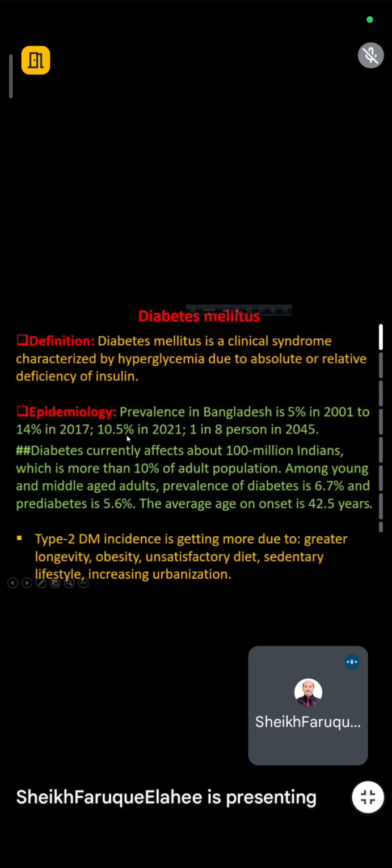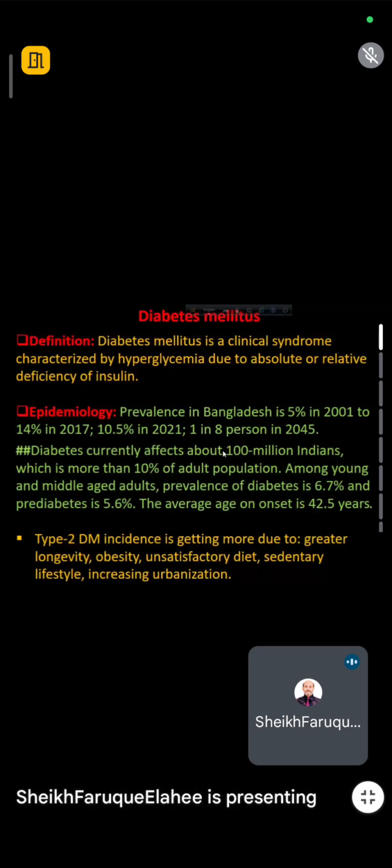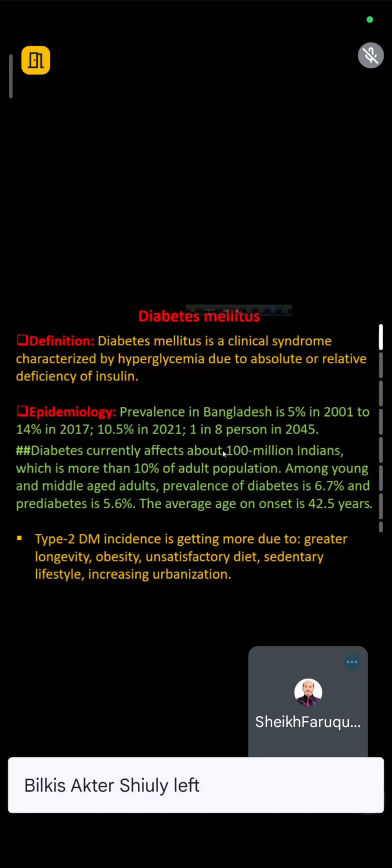It means 1 person in every 10 is diabetic. If you have a meeting with 100 people, you can think that there will be 10 suffering from diabetes out of your gathering. And they say in future there will be more and more. There is a study I heard a few days ago, they said 1.5 crores of Bangladeshis are affected with diabetes mellitus.